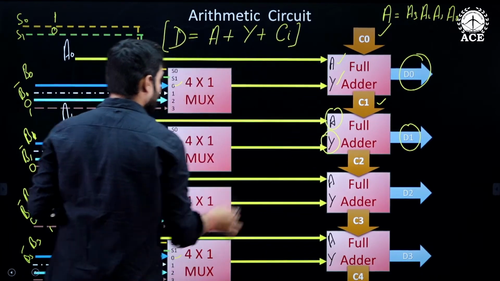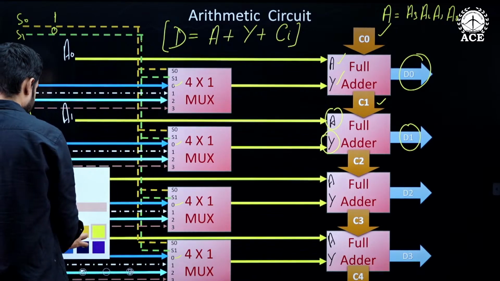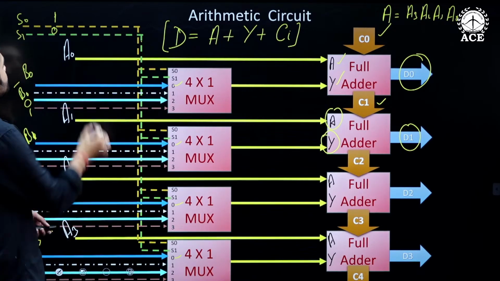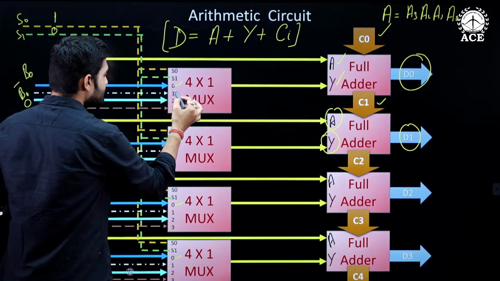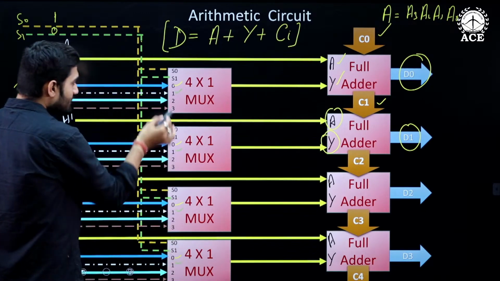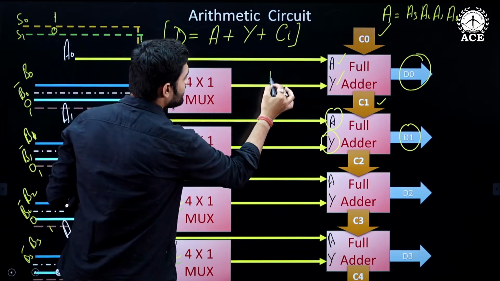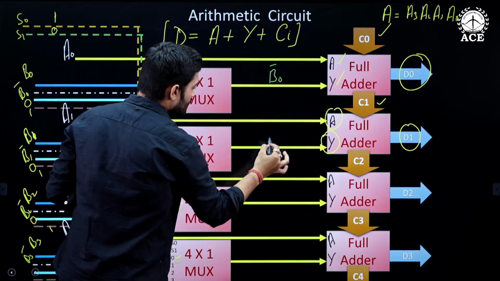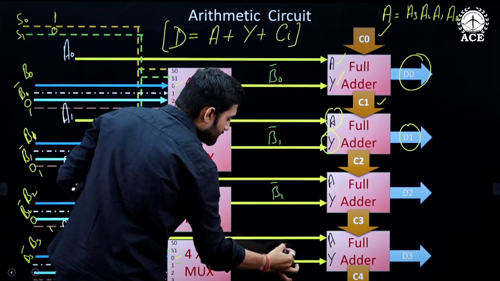Okay, now let us understand what is happening. 1, 0. That means in the mux, which input got selected? Input 1 got selected. Can you tell me what input 1 is? B complement. Over here B0 complement, B1 complement, B2 complement, B3 complement.